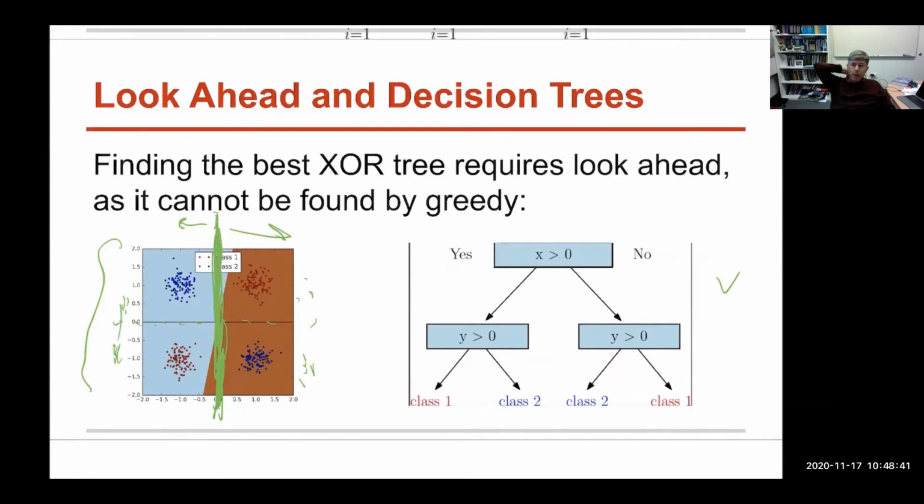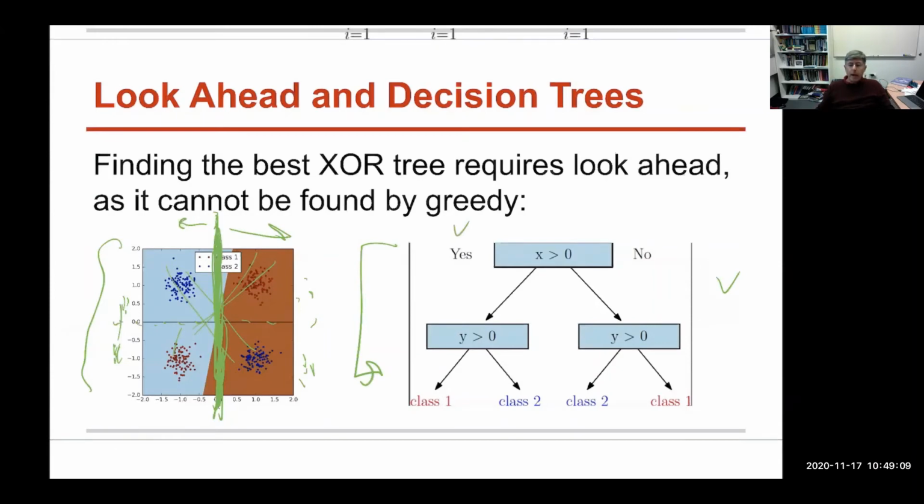It's not clear that any other split is going to look a lot better, but certainly the best possible split does not look good by information gain. It's only when you look ahead a little bit, to see if I've done a couple of different splits, how it looks a few levels down, that this decision looks good.